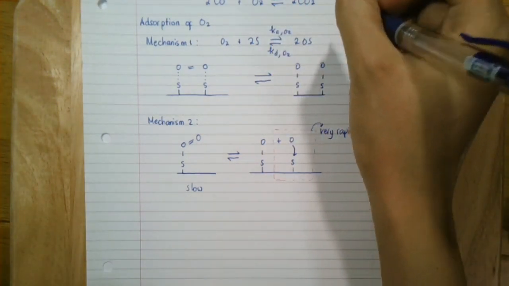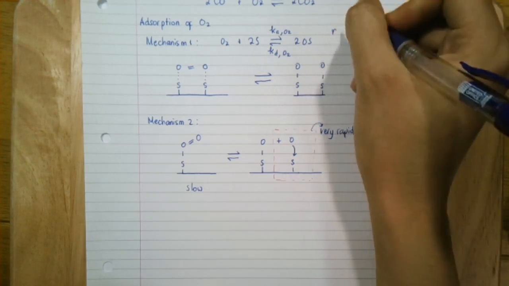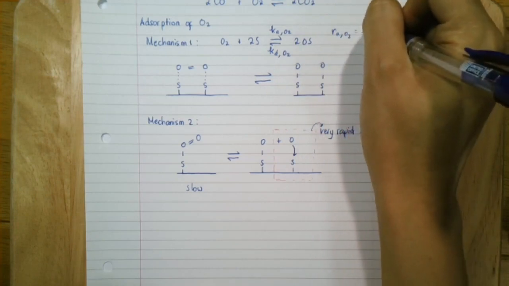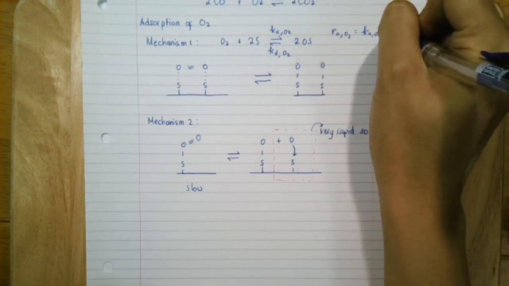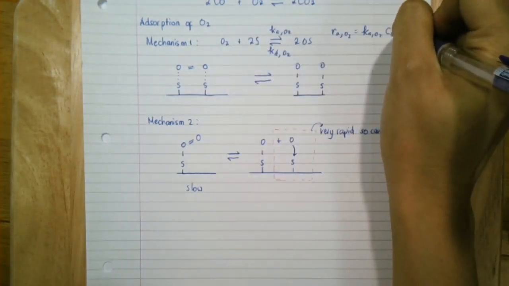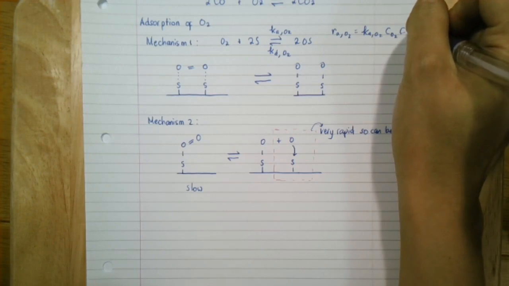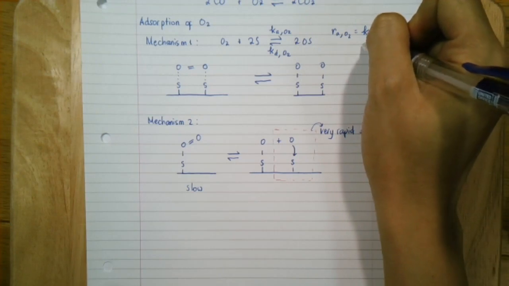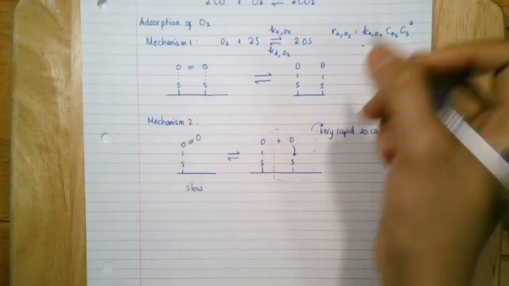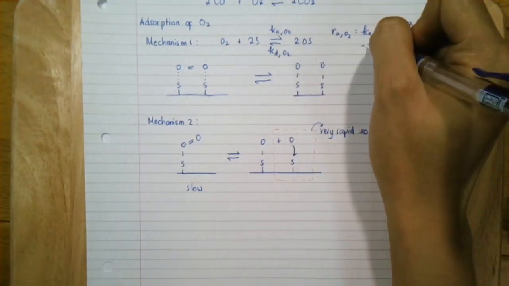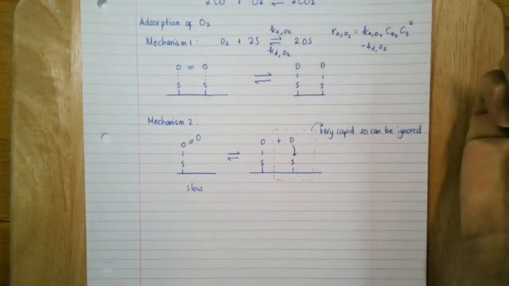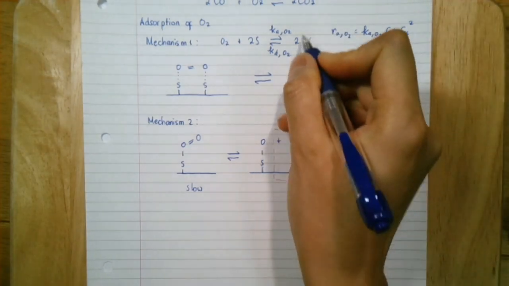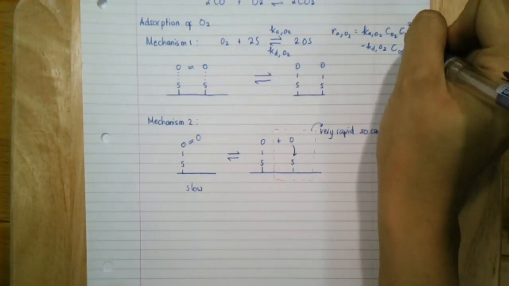So we can write the net rate of adsorption of O2 is equal to KaO2 times the concentration of O2 times the concentration of the vacant sites squared, minus the reverse step, which is KdO2 times the concentration of OS. Again, we have the 2 stoichiometric coefficient there. So we can write 2.